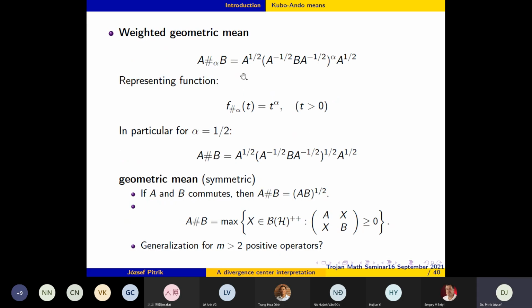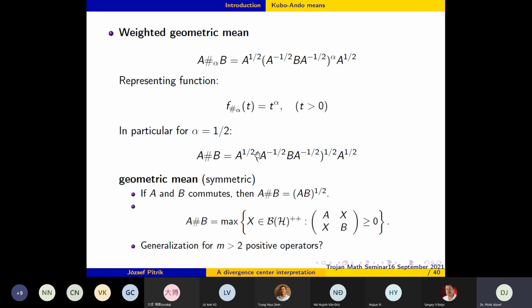Our second noteworthy example is the geometric mean, which is admittedly the most researched operator mean. Its weighted version is defined by this formula. And the corresponding representing function is nothing else but the power function. The symmetric case is when alpha is equal to half.